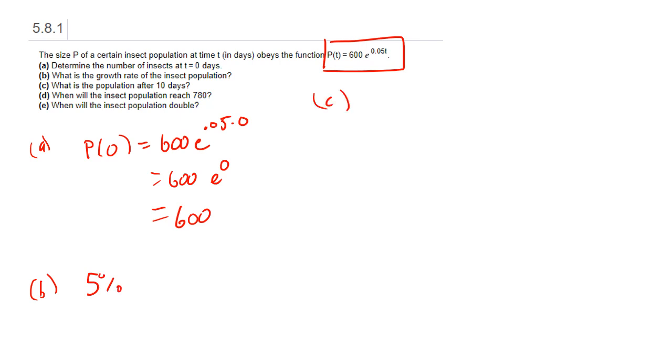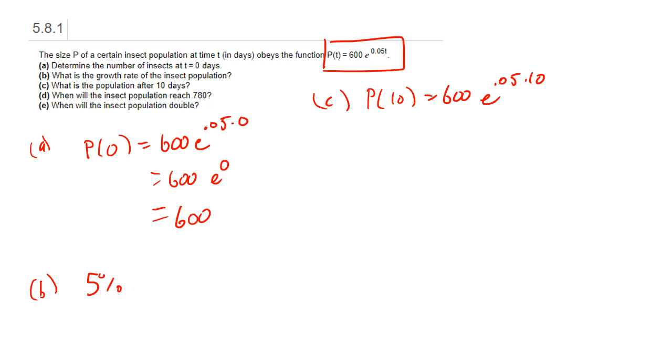C. What's the population after 10 days? All we have to do is plug in t equals 10. And again, I'm just going to pull out a calculator on the side just to compute this quickly. This is already an exact answer, but if your particular professor wants a 2-decimal approximation, then you're going to have to do that.